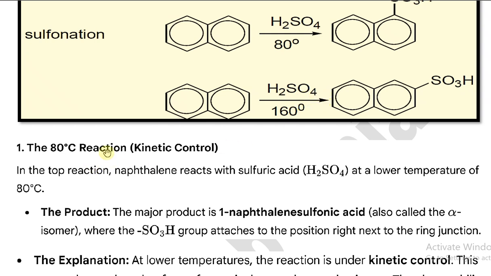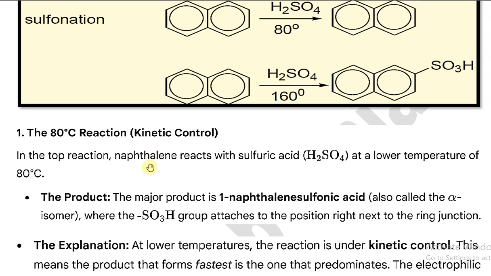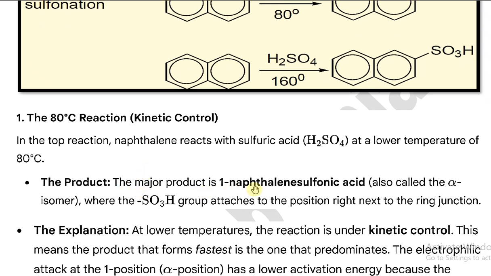So the first one, in the top reaction, naphthalene reacts with sulfuric acid at lower temperature. Here the lower temperature is 80, not room temperature, but a lower temperature. The major product is 1-naphthalene sulfonic acid, which is the alpha isomer, where the SO3H group attacks the position right next to the ring junction.